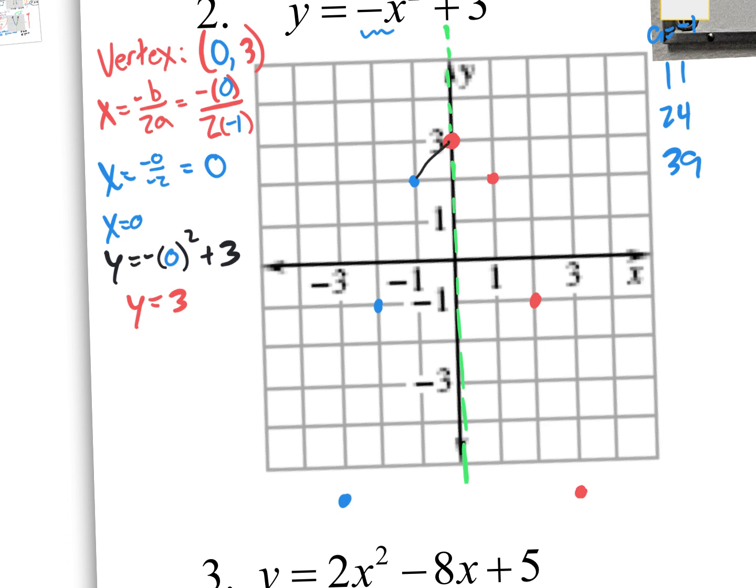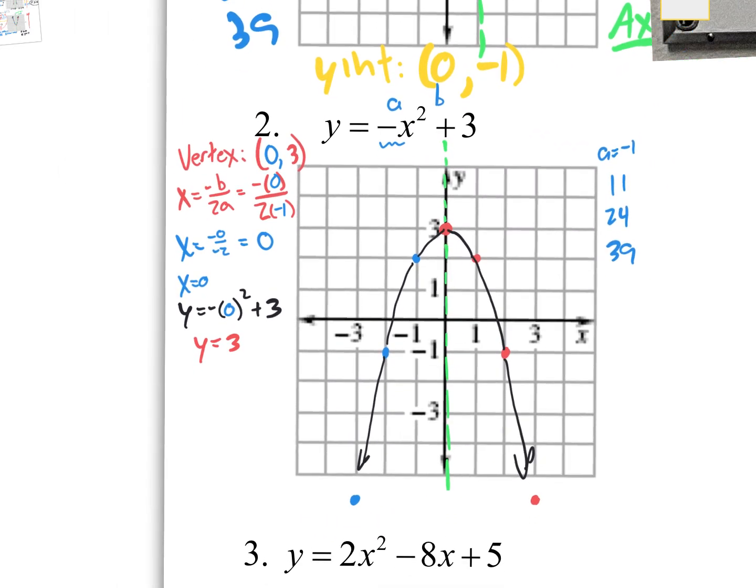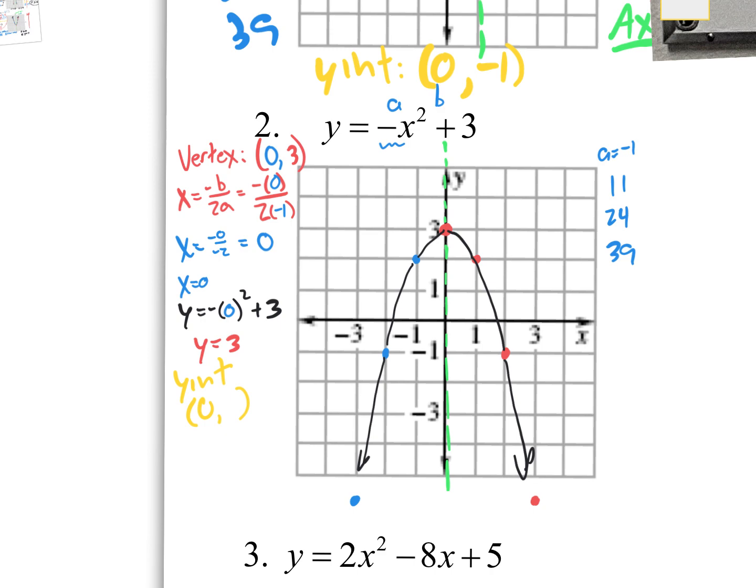So we're going to graph that parabola, and we're done. All you got to do is state other things like the y-intercept: set x equal to 0 and solve, but you could already see that it crosses at 3. So 0, 3. Right here, the vertex is the same answer as the y-intercept. That's just a coincidence. What else could we state?